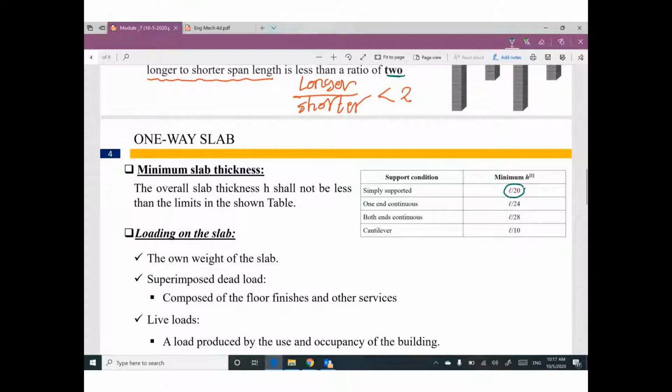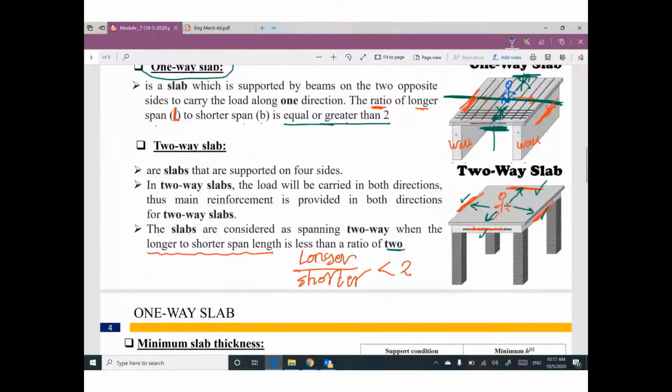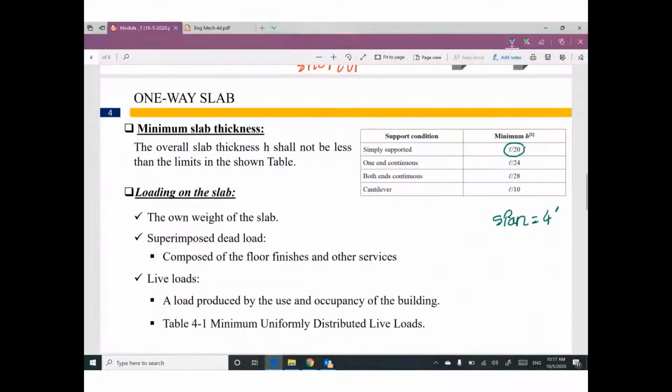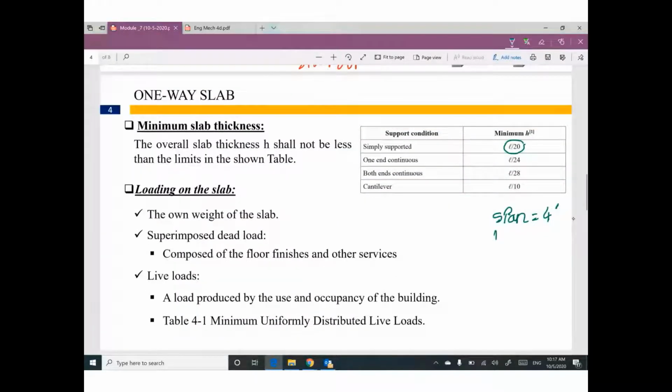So let's assume your span equals 4 feet. Span means the distance between this support and this support, center to center. That means your expected thickness of this slab will be this span 4, please multiply it by 12 to be in inches, divide by 20.